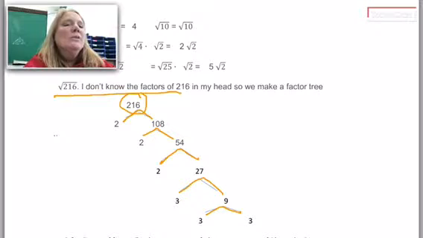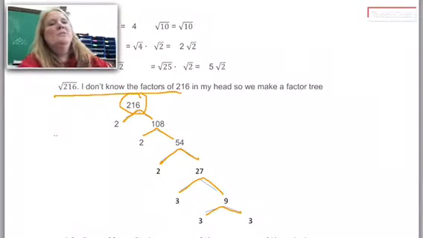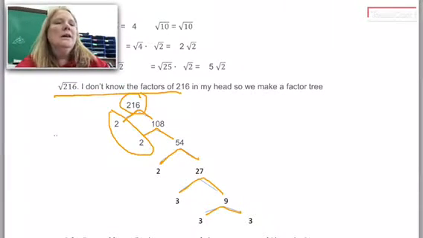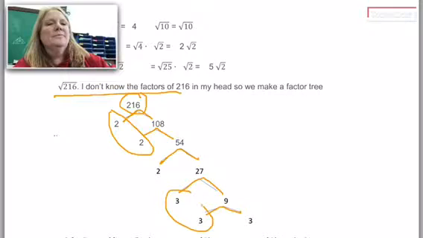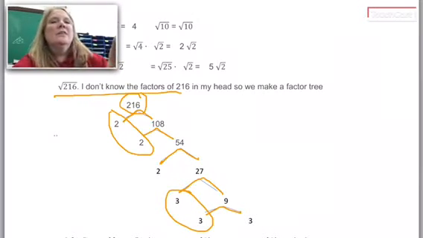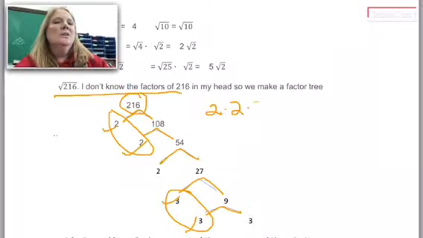Now, what we are looking for are pairs of factors. So I have a pair of 2's and I have a pair of 3's. So if you take all of your pairs and multiply those together, so I have 2, 2, 3, and 3. So 2 times 2 times 3 times 3.